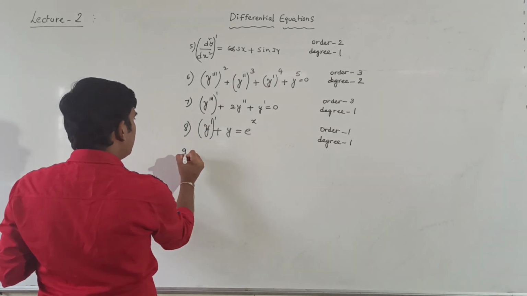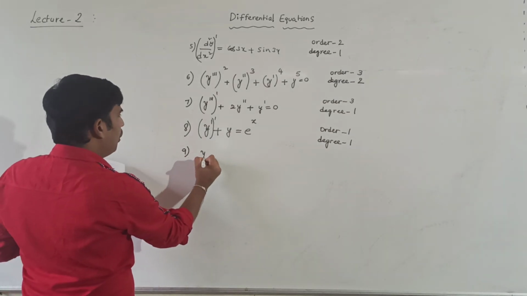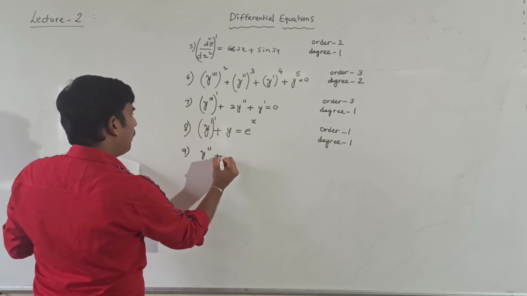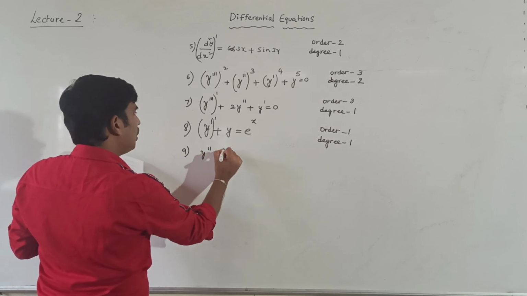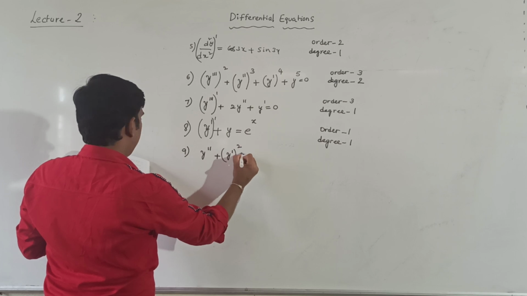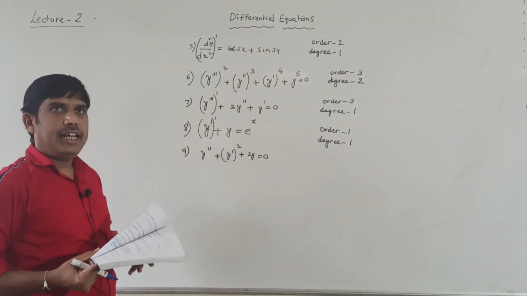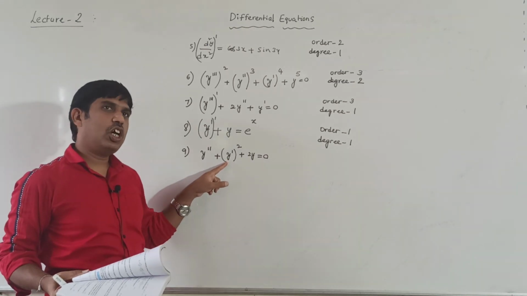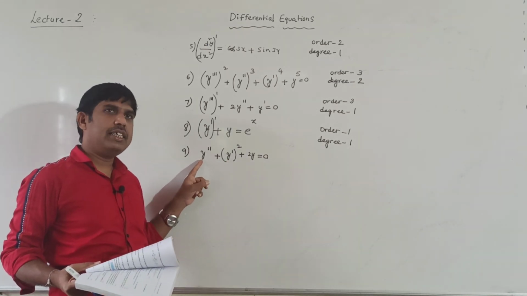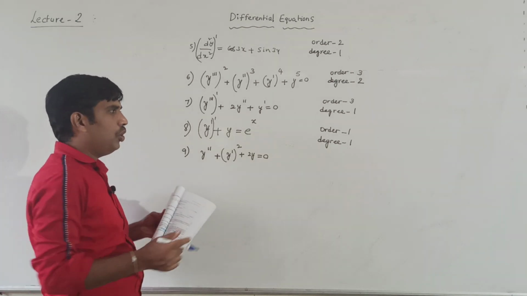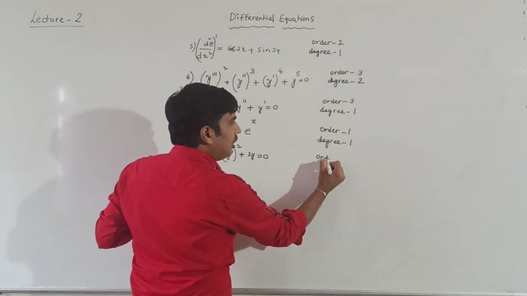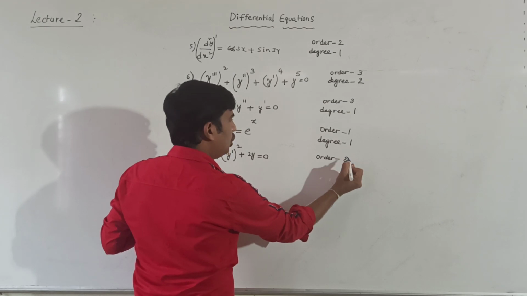1. Therefore, the degree of this differential equation is how much? 1. Next, coming to the ninth problem, y double dash plus y dash whole square plus 2y is equals to 0. Here this is the first order, this is the second order, and this is the highest order derivative. Hence, the order of this differential equation is how much? 2.